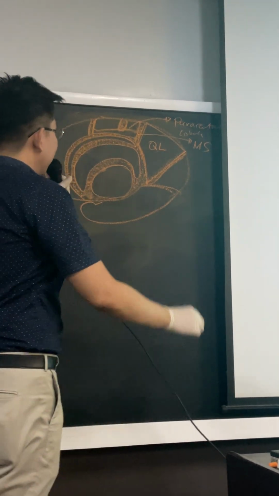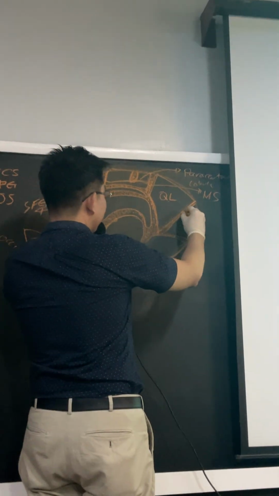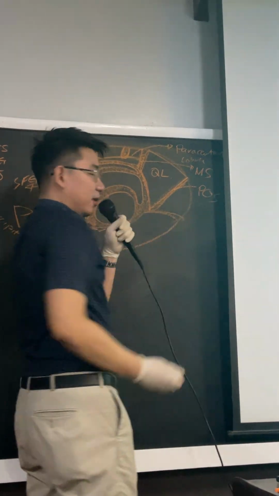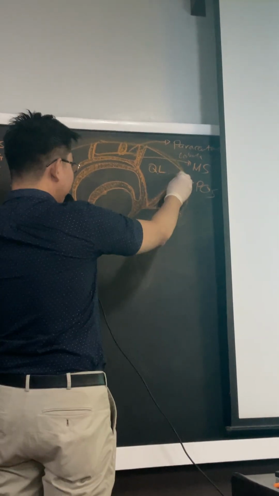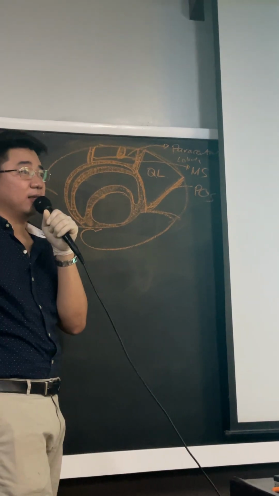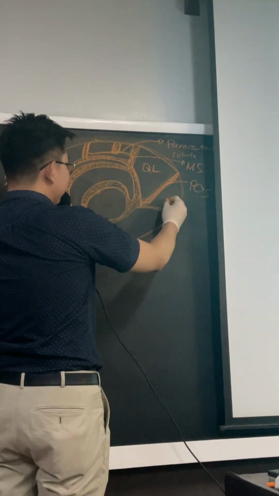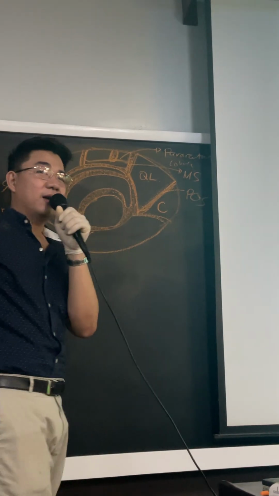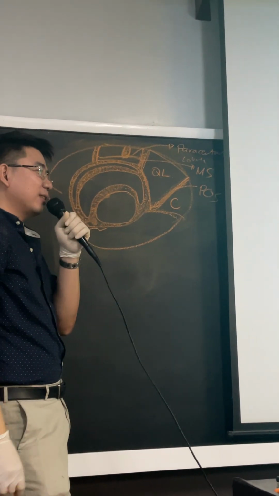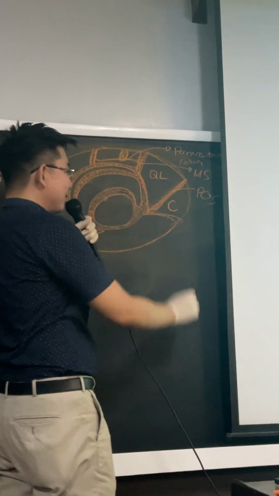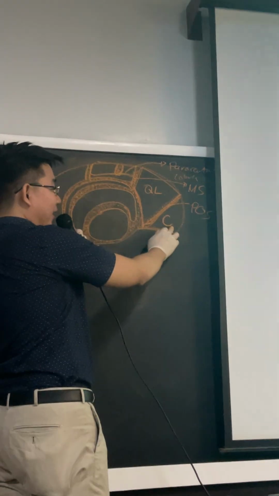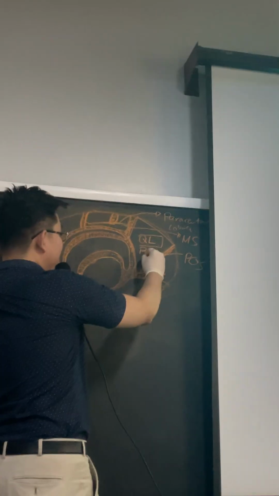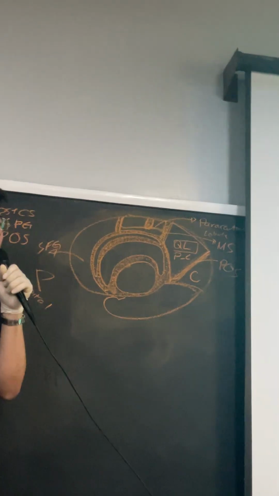Now, after the quadrate lobe, you have the parieto-occipital sulcus. And after the parieto-occipital sulcus, you have the cuneus. Of course, the precuneus is just before the cuneus, so the quadrate lobe is also known as the precuneus.